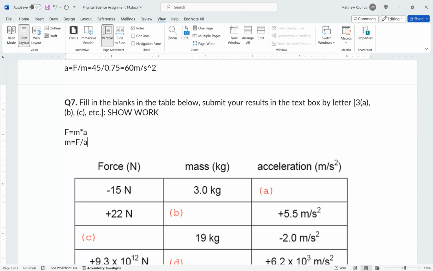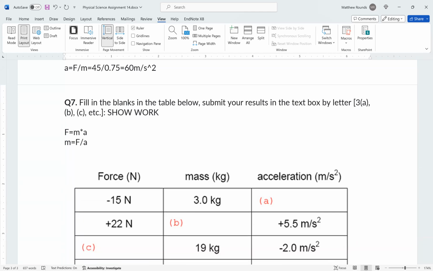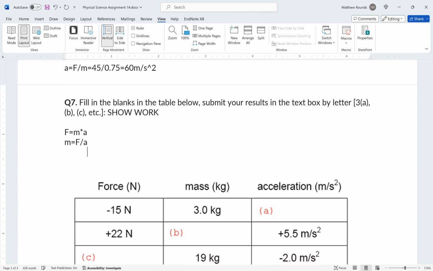And then acceleration is force divided by mass. So there are three equations here. Hopefully you see that and are in agreement with that. Yeah, I can see that.